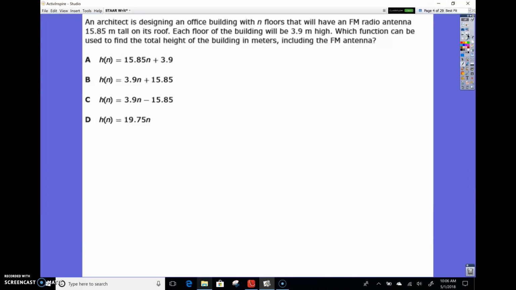An architect is designing an office floor with n floors. So our n is floors that will have an FM radio antenna 15.85 meters tall on its roof. Each floor, remember the word each, of the building will be 3.9 meters high.